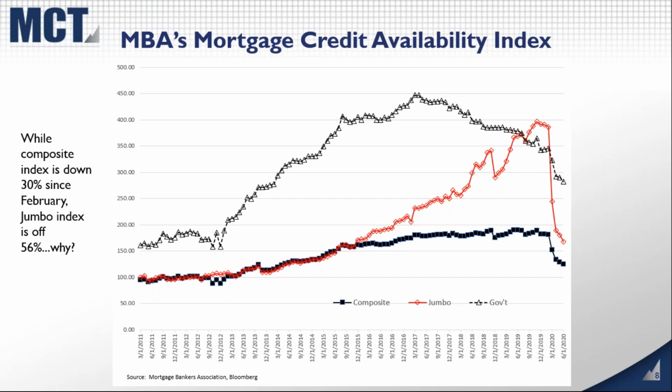And the striking thing to me is that while the composite index is off about 30% since February, which reflects the tightening of credit standards that we saw then and continue to see, the jumbo index is off by 56%. And the interesting question is, why is jumbo credit availability so much worse, and why has it declined so much more than either government or the overall index?